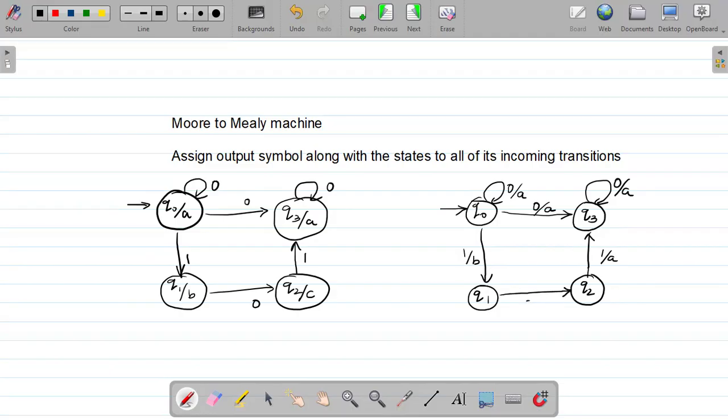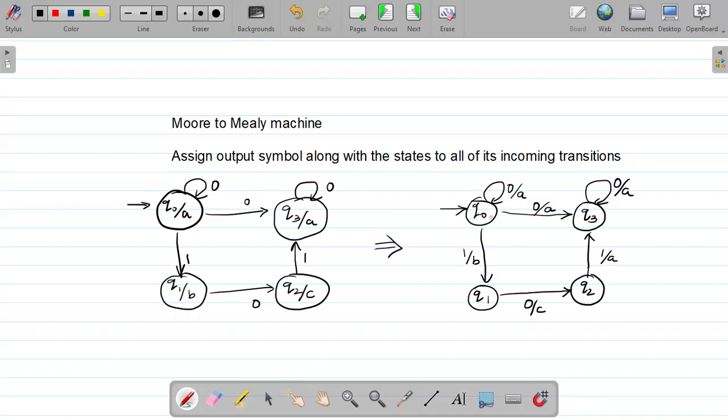There is one transition. 0 is the input, and C is the output. If you see here in the given problem, there is a self transition for Q0. While we do the conversion also, there is a self transition on Q0.